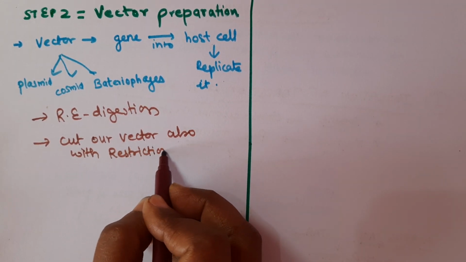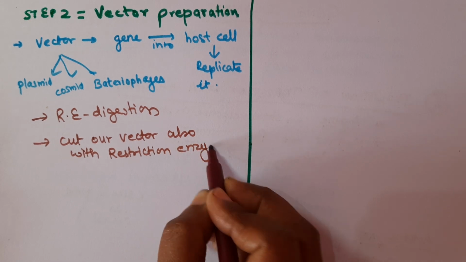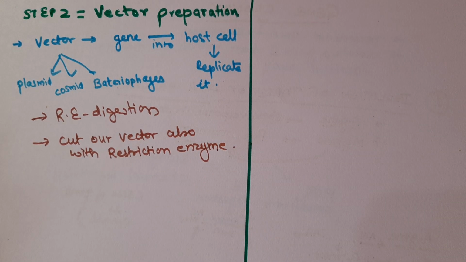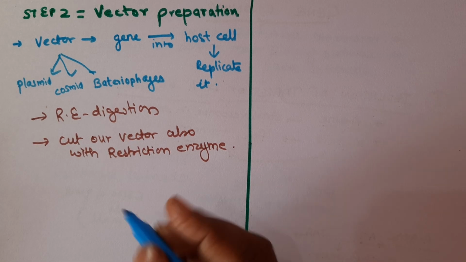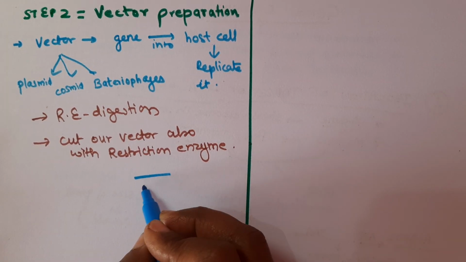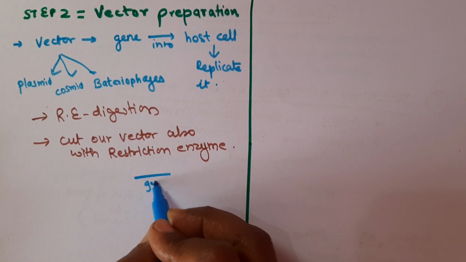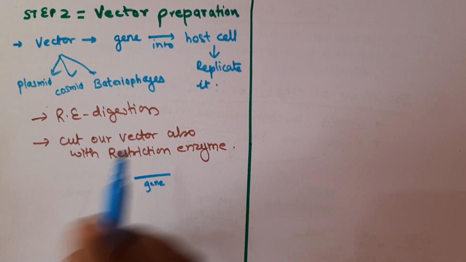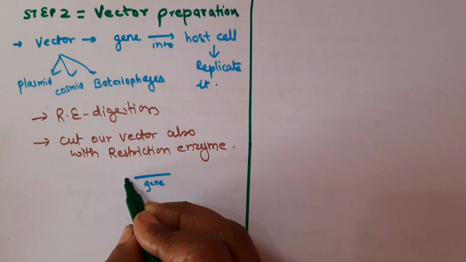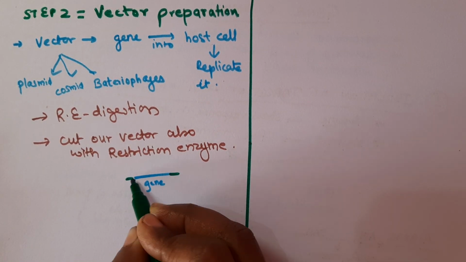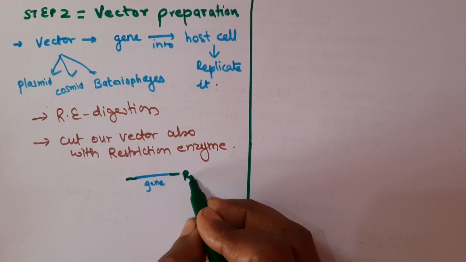The vector also has restriction enzyme sites. And why are we cutting this? Because now we have a DNA segment, a gene or DNA segment of our interest, and it is cut by the restriction enzyme.